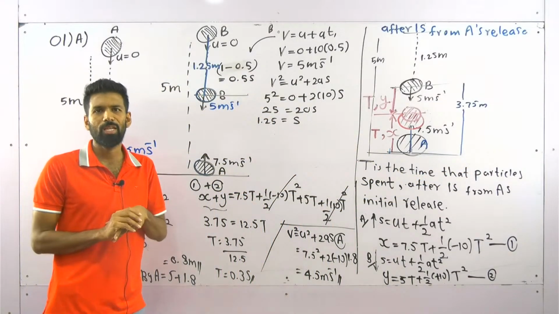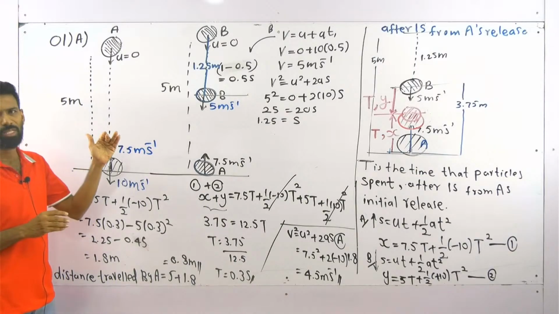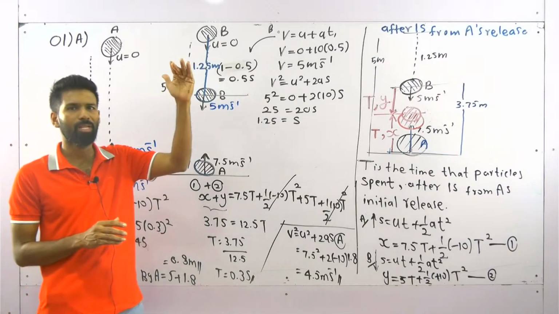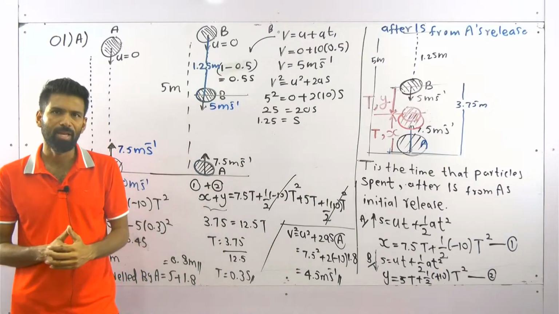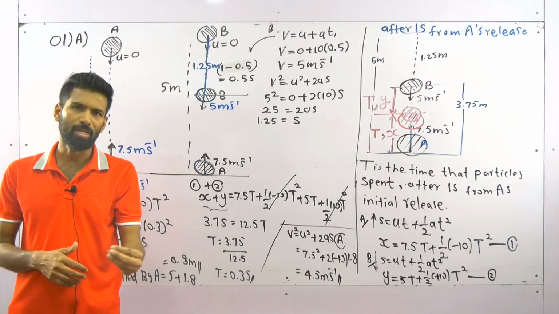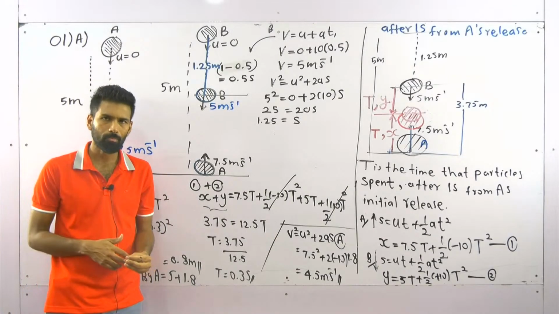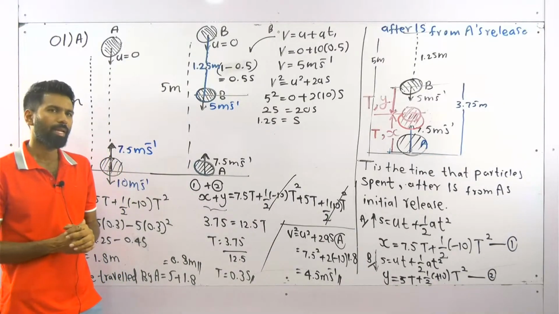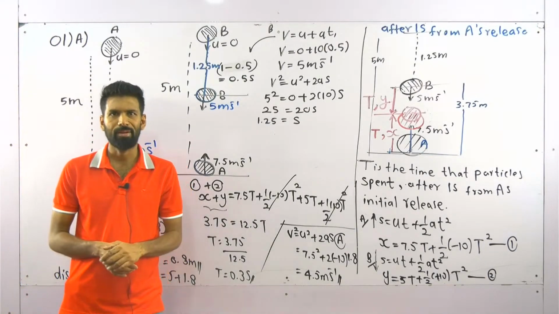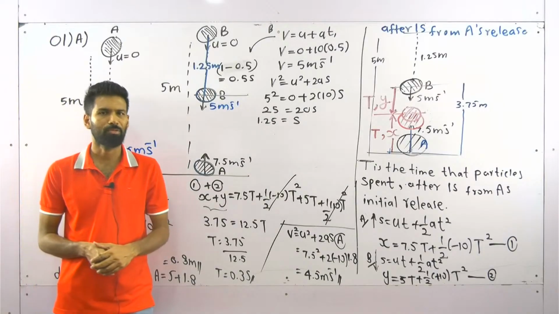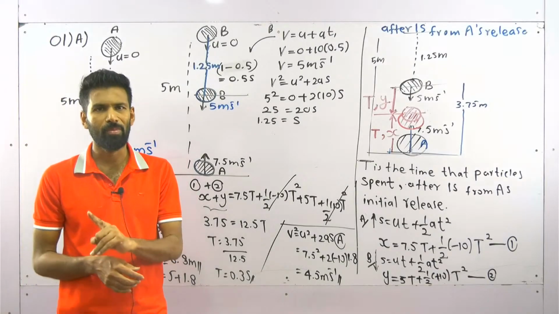Initially, A was in a position 5 meters up with respect to the ground. A was released, and to reach these 5 meters to hit the ground, A hit the ground with a velocity of 10 and bounced back with a velocity of 7.5 meters per second.